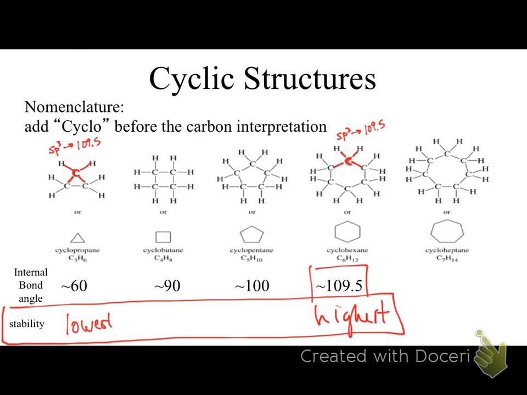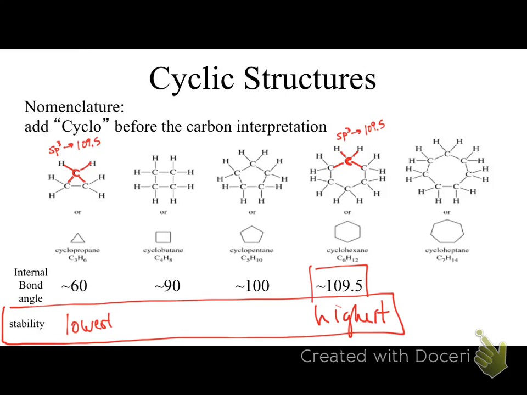What's the relationship between our bonds? They're eclipsed. Okay, not a particularly stable thing, so what does the structure like to do? It wants to rotate that single bond so that we can actually alleviate that eclipsed conformation.